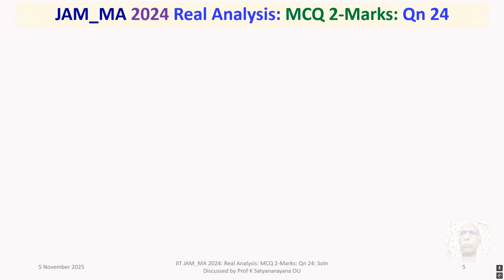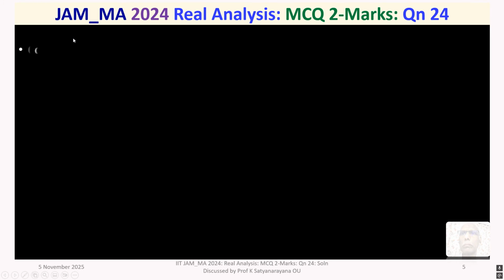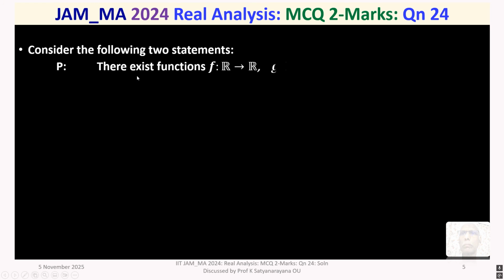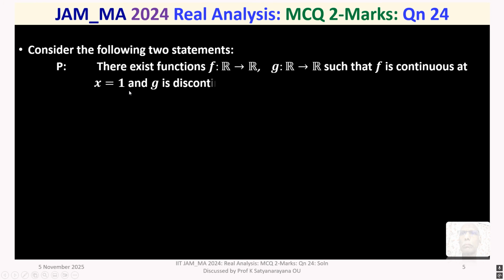Right. The given question is: consider the following 2 statements. Statement P: there exist functions f from R to R and g from R to R such that f is continuous at x is equal to 1 and g is discontinuous at x is equal to 1, but g compose f is continuous at x is equal to 1.